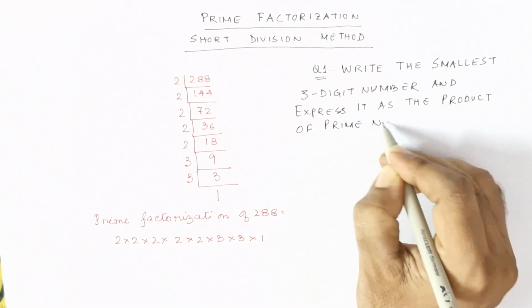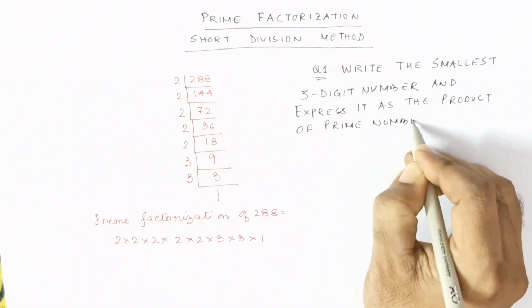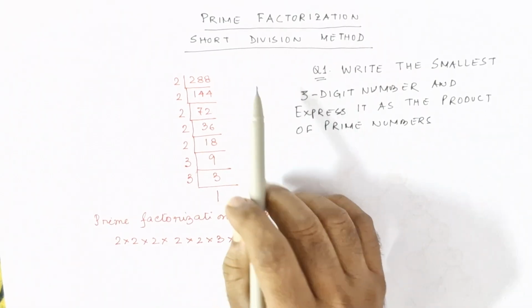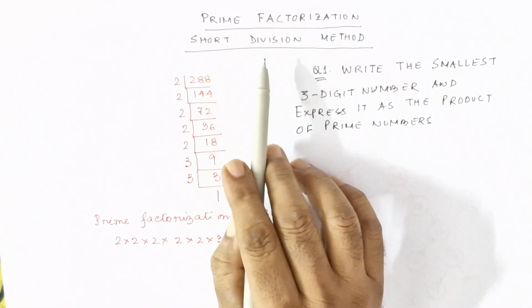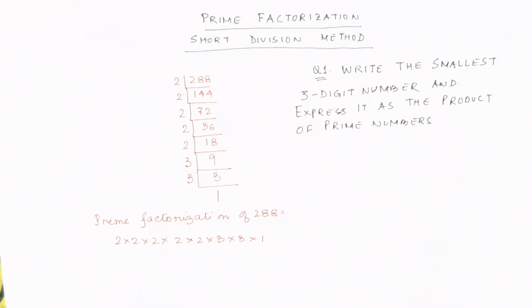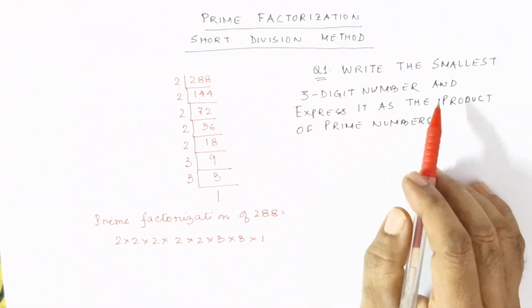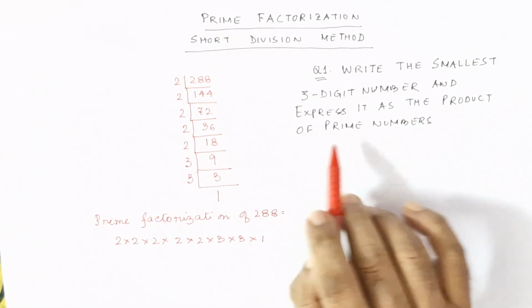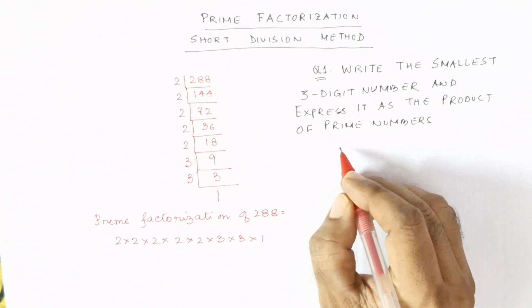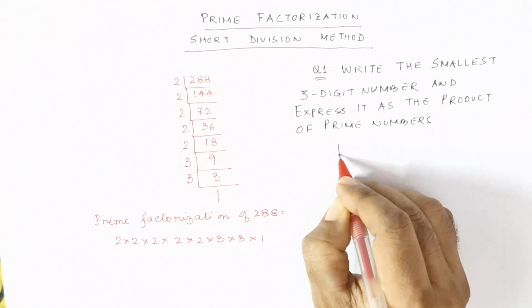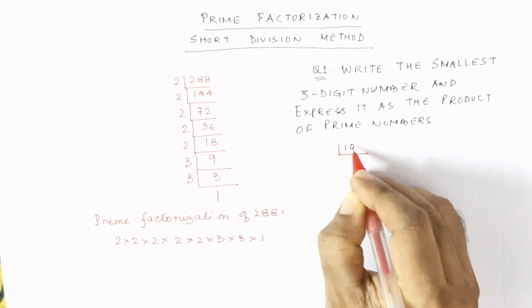So you might face a question such as this based on prime factorization by short division method, right? So what it says is: write the smallest 3-digit number and express it as the product of prime numbers. So we'll take the smallest 3-digit number. What is that? It's 100.